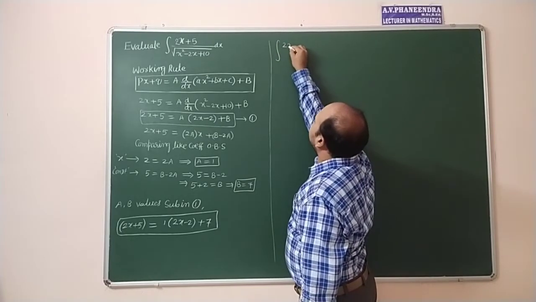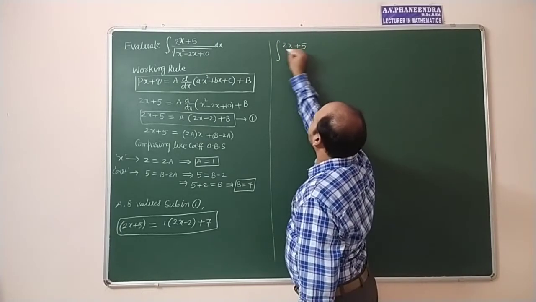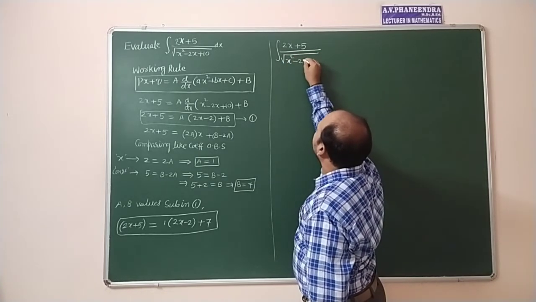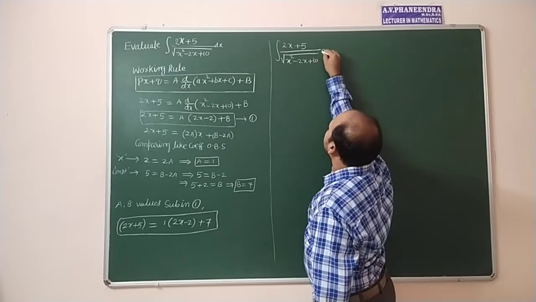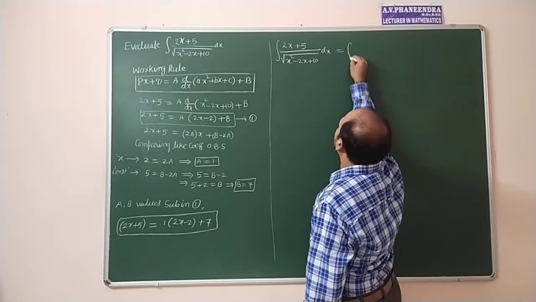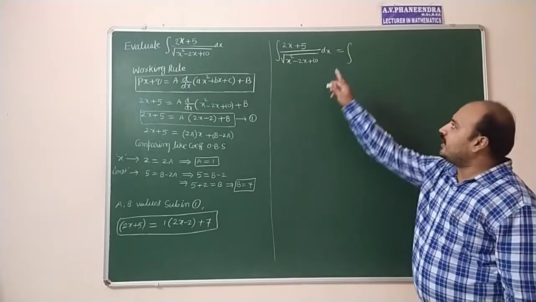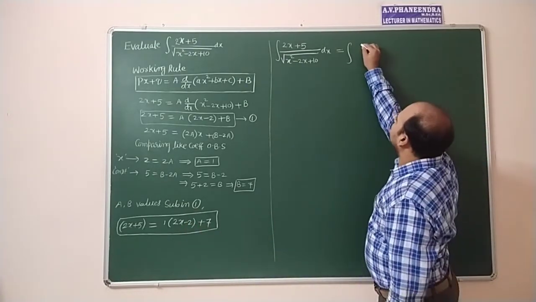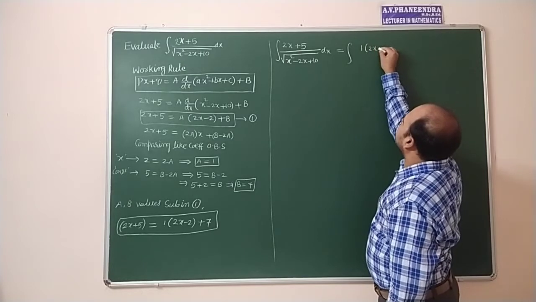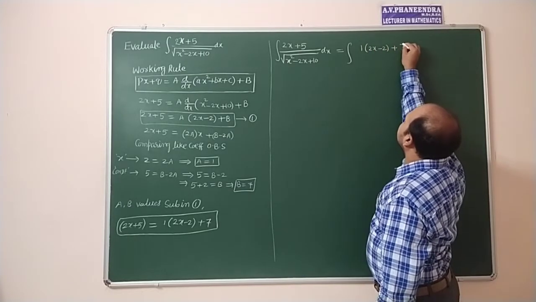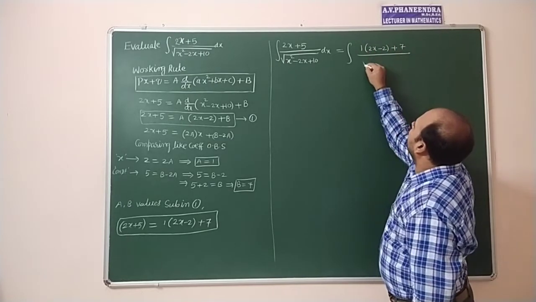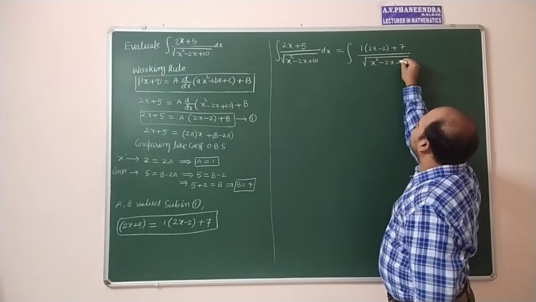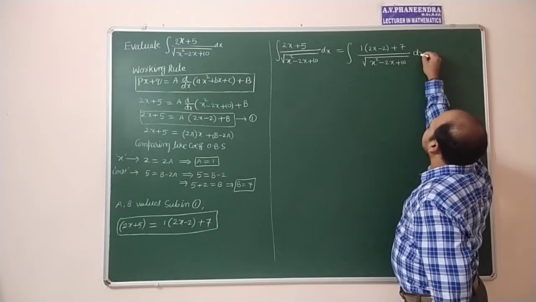Now consider the given integral, 2x plus 5 divided by square root of x square minus 2x plus 10 into dx, which is equal to, in place of the numerator 2x plus 5, you have to write this value. So 1 into 2x minus 2 plus 7 divided by under root of x square minus 2x plus 10 into dx.